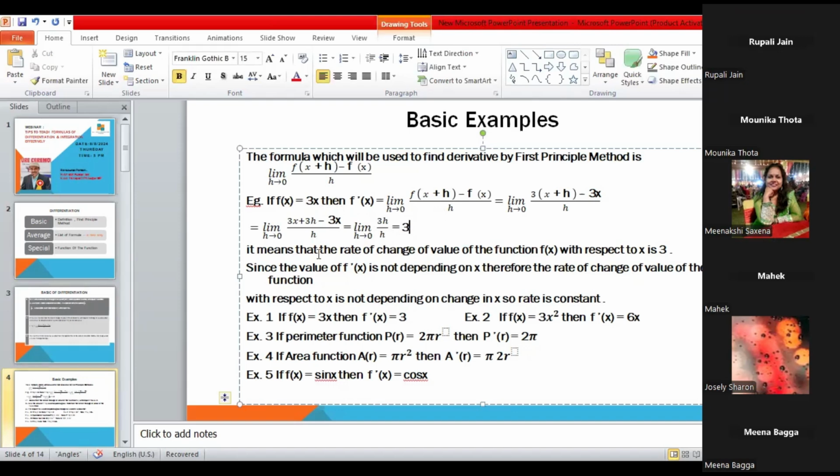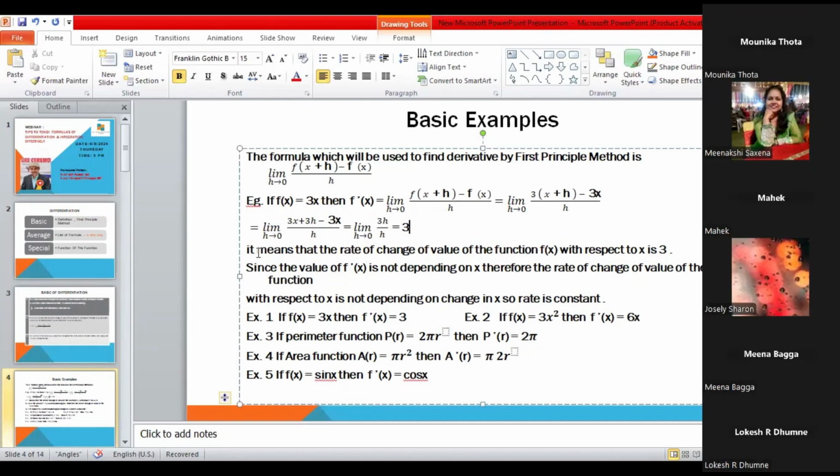So we have to explain that sometimes some functions are like this: their rate of change of value, or their derivative, does not depend on the independent variable x. While in another example, example number 2, 3x square is given and its derivative comes out as 6x.